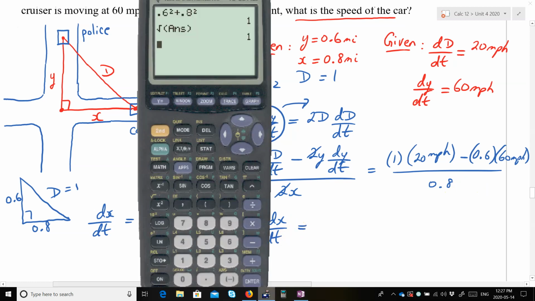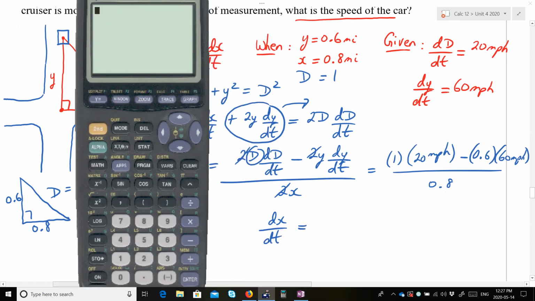Okay, so dx/dt is 1 times 20 is 20, minus 0.6 times 60, divided by 0.8.